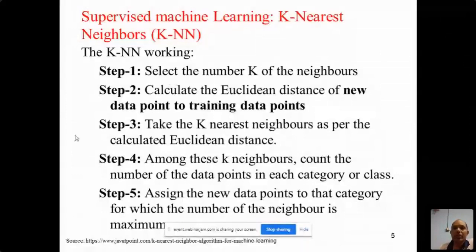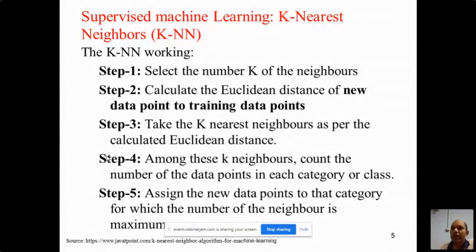Then in the fourth step, among these k nearest neighbors, count the number of data points in each category or class. So you have taken 3. Now you have to see the 3 nearest neighbors according to the new data point.